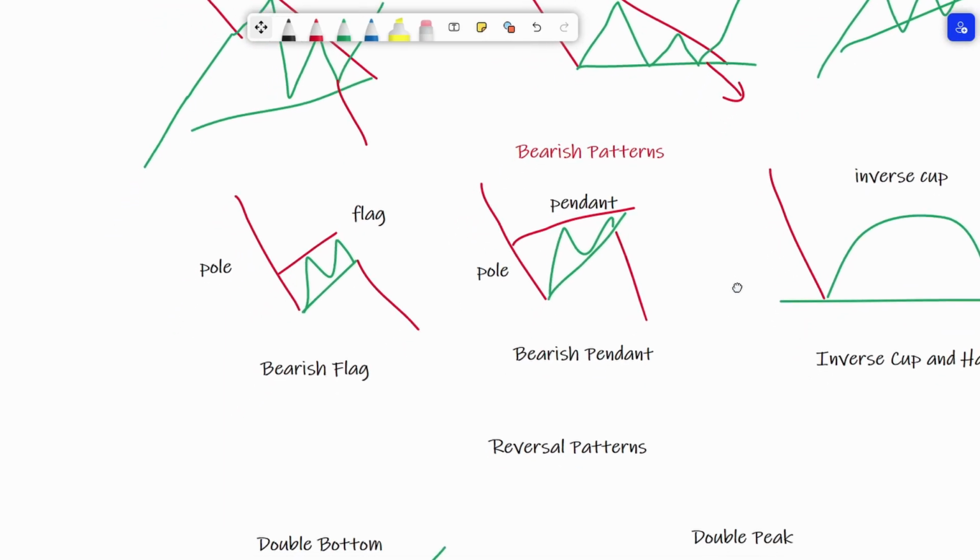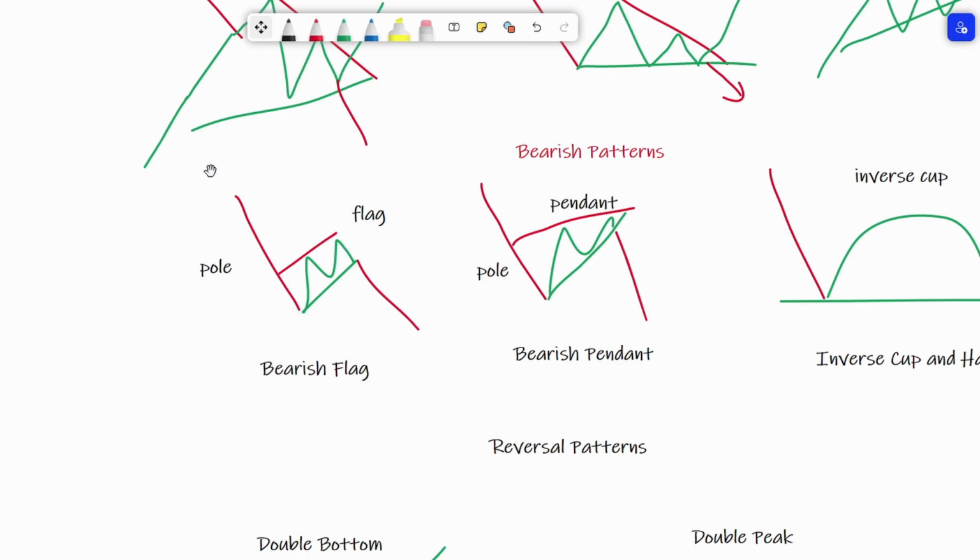So, just like we had a bullish flag, there is a bearish flag. And with the bearish flag, what's happening here is we're having the price decrease, creating this pull, and then we're having some ascending consolidation right here, and we're going to have our parallel resistance and support lines before the price dumps again.